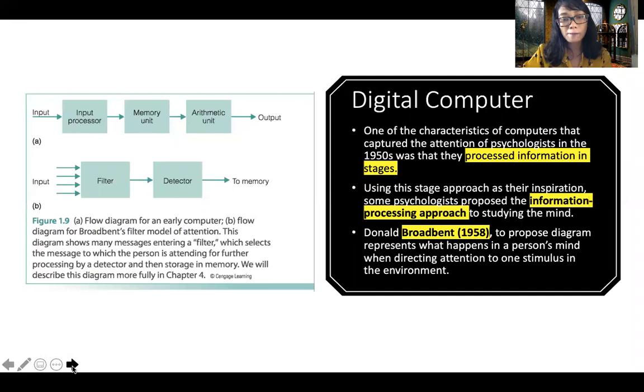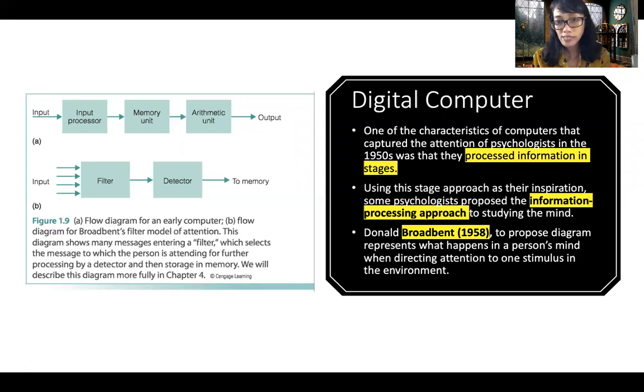In the 1950s, one characteristic of the computer that captured psychologists' attention was how the computer processes information in stages, as you can see in this figure. Some psychologists then proposed the information processing approach, learning from the computer process: an approach that traces the sequences of mental operations involved in cognition.